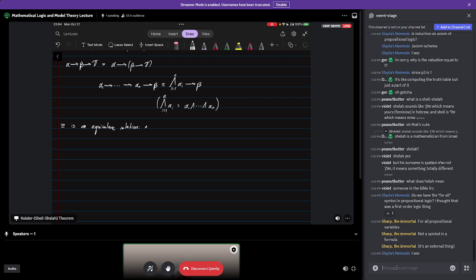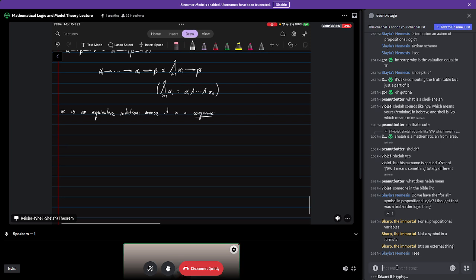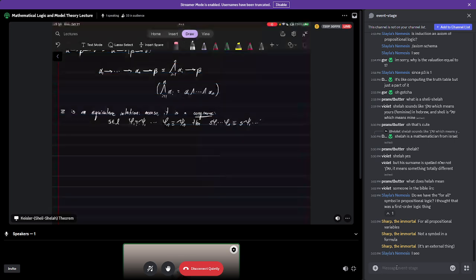But more so, it is a congruence, which means that if S is an L and phi 1 is equivalent to psi 1 through phi n is equivalent to psi n, then S of phi 1 through phi n is equivalent to S of psi 1 through psi n.